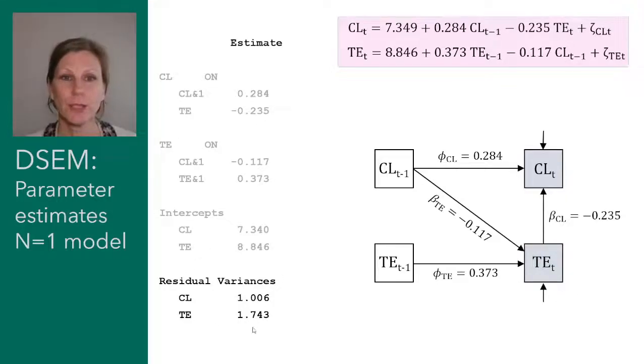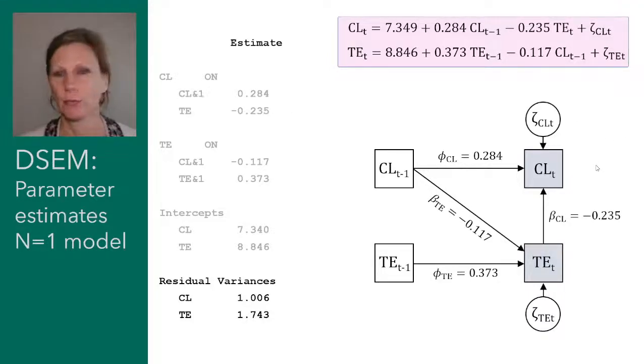And finally, we have the residual variances, and this is sometimes a bit tricky to see how this relates to the path diagram, because the path diagram is actually not entirely complete. We have the residuals here, but we have not actually drawn in the residuals. So if we would complete the picture, we would have to draw in the residuals. These are the zetas that we also see here in the regression equations.